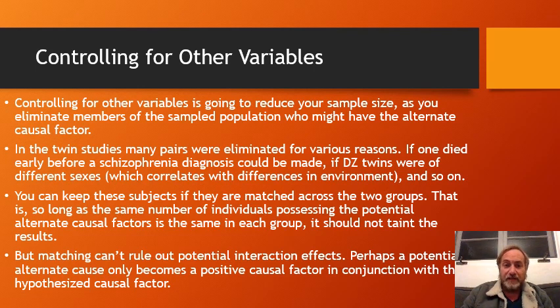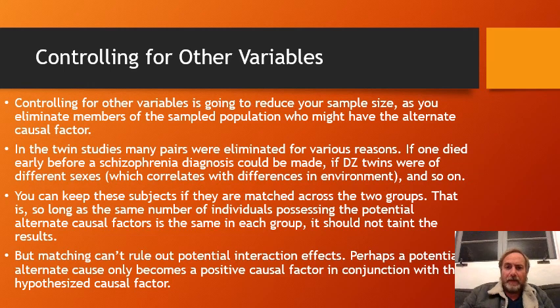They did some of this in the twin study. For some of the pairs, one of the twins died young before any schizophrenia screening could be done, so those got removed.